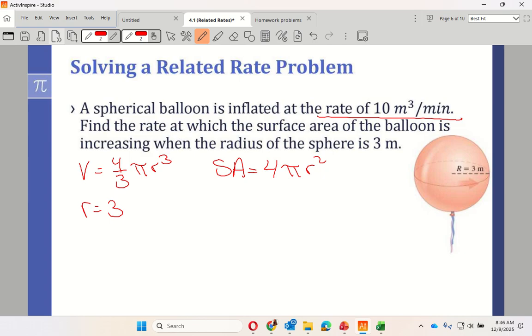There it is. It's the derivative of my volume over time. So as we're going through, we have to identify this. So this is going to be my derivative of my volume over time.